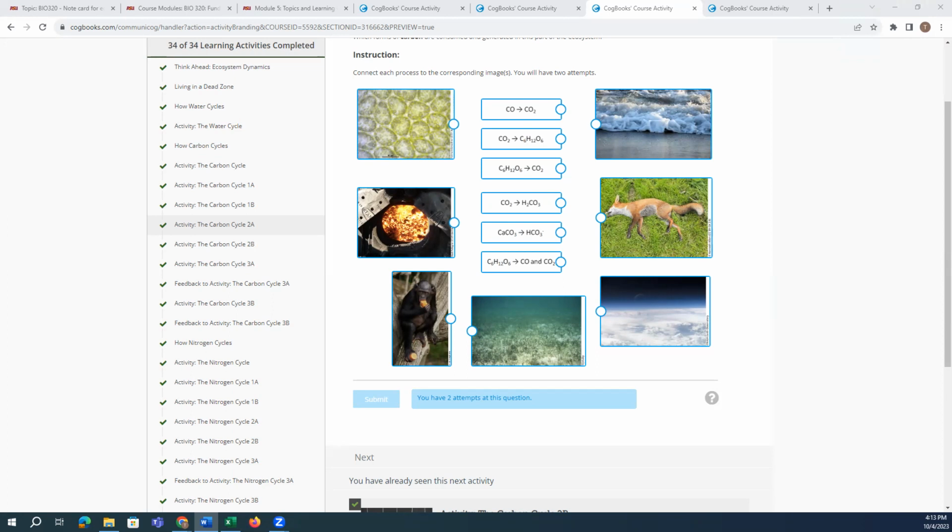What number 4 is really getting at is, when you have some of these chemical compounds, what happens when you break down your organic carbon? What is going to be produced? You're going to get carbon dioxide or carbon monoxide right there. Or if you start off with carbon dioxide, how does it turn into this element over here, H2CO3?